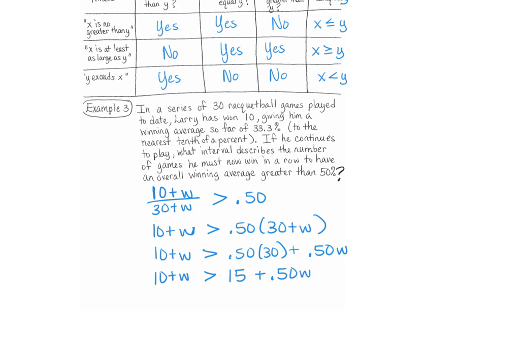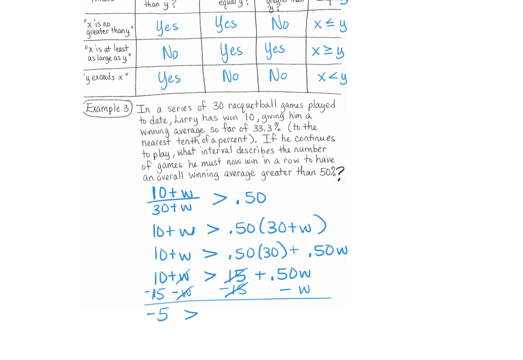And now we want to simplify. We want to get W on one side. So we're going to subtract 15, and then we're going to subtract W. Negative 15 minus 15 is 0. 10 minus 15 is negative 5. Notice that these W's cancel out here.